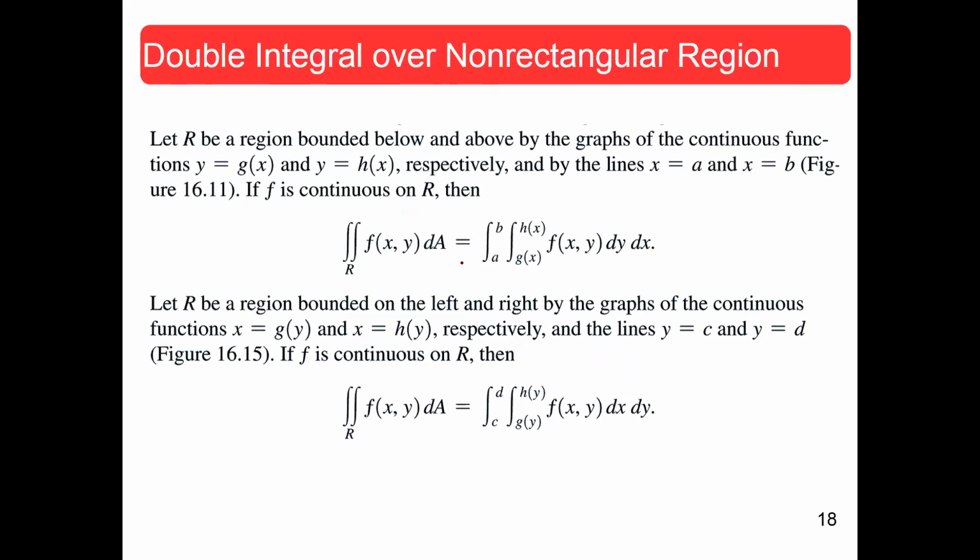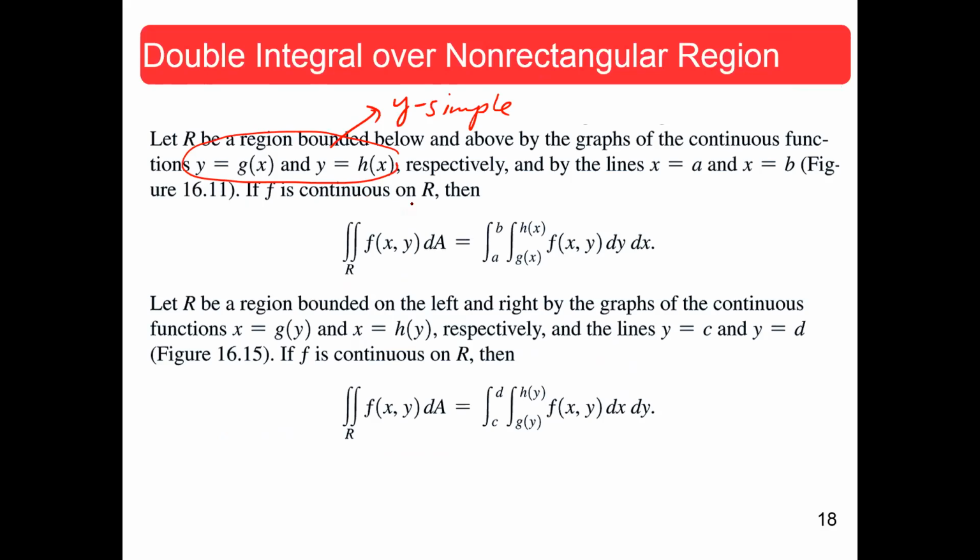First of all, we have a general principle for you to do double integrals. Let region R be a region bounded below and above by the graphs of the continuous functions y equals g of x and y equals h of x. Then this will be y simple because y is bounded by two functions, and by the lines x equals a and x equals b.